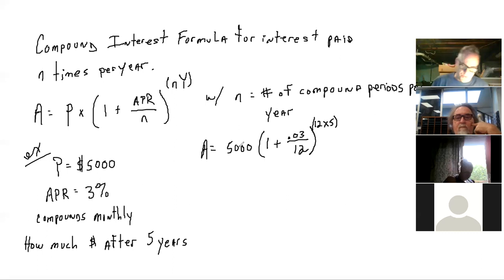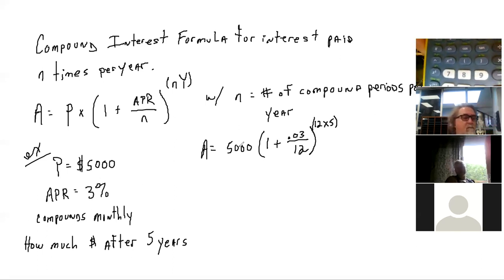This allows me to just type in, I would hit 5,000. I would hit parentheses. Parentheses are right there above the 8 and 9, kind of like on a keyboard. Then 1 plus, and then I hit the plus button, and then I hit just 0.03 and I hit divide by 12, and then I close parentheses.